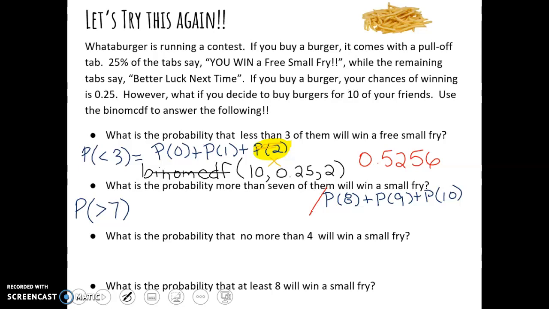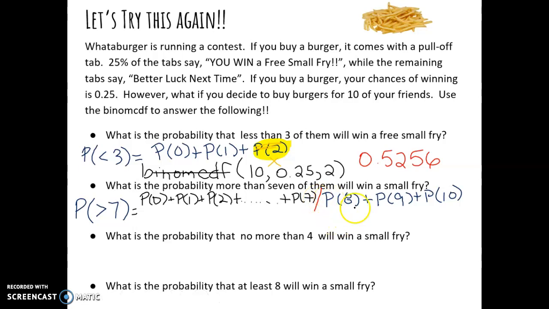So what I do is I just write out all the probabilities in order. So the probability of 0, probability of 1, probability of 2, keep going, of 3, of 4, of 5, of 6, all the way up to the probability of 7.